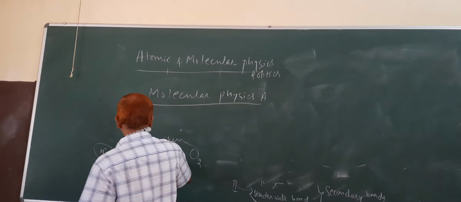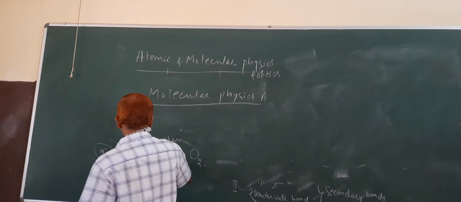For example, water molecule. If you take water molecule H2O, it is like this. Right? This one electron of hydrogen is, oxygen is minus 2 negative because one electron comes here, another electron comes here.